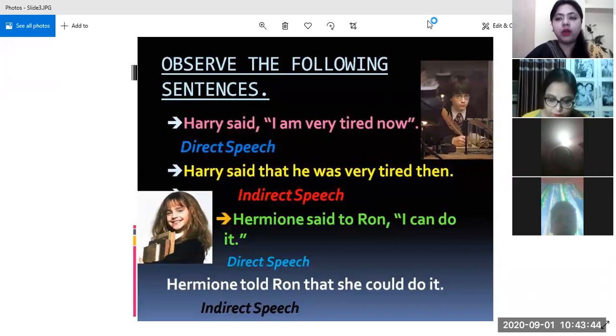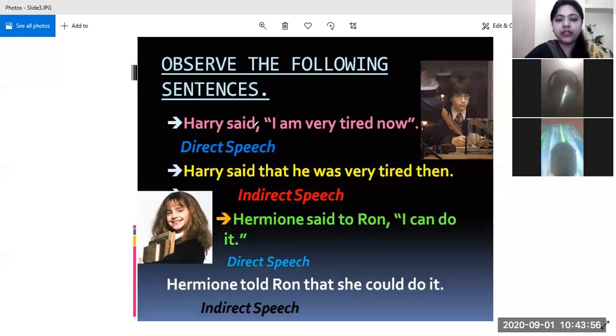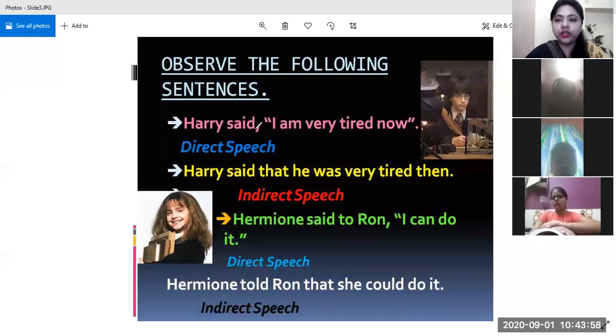Okay. And what is the difference, or how do we write down the direct and indirect speech? What is the structure? So the structure, as you can observe, is we write the reporting verb, and then we put a comma, and we write the reported speech in the inverted commas, double inverted commas. This is the way to write down a direct speech.